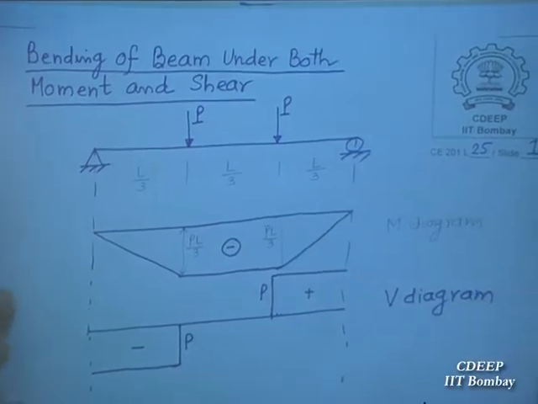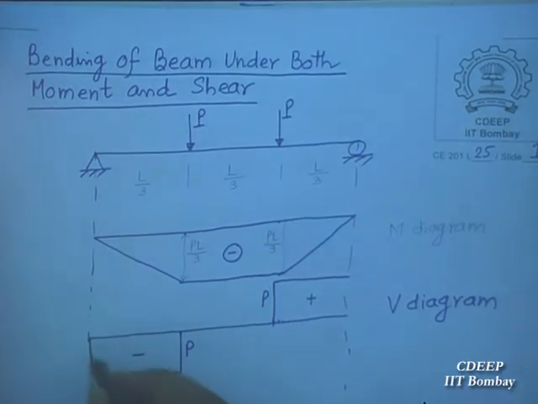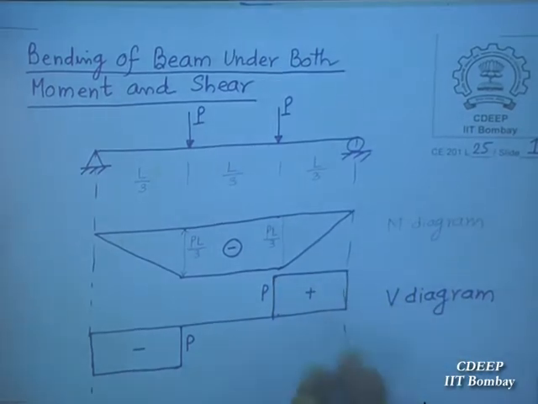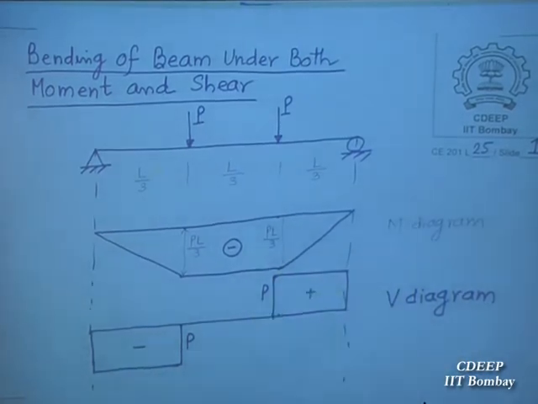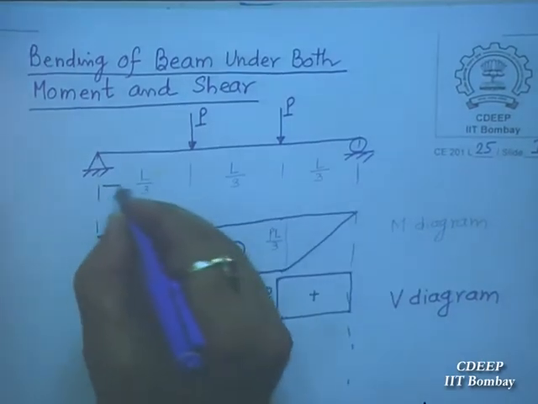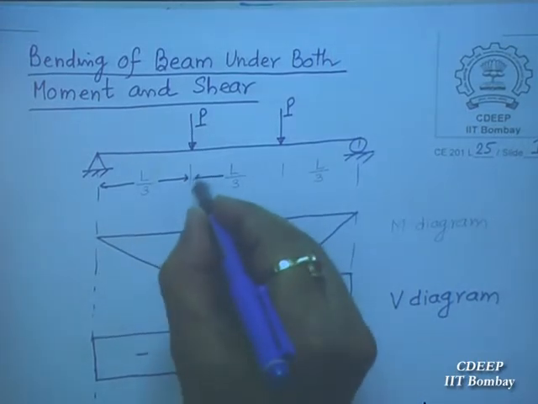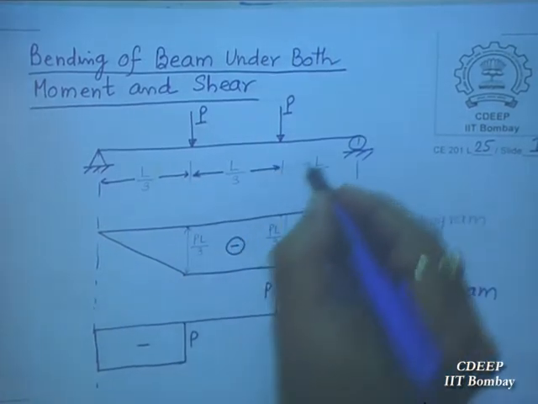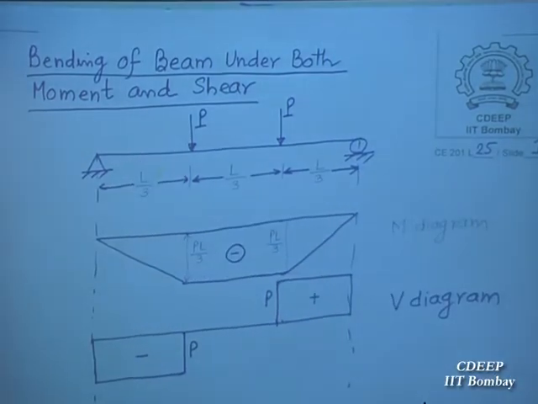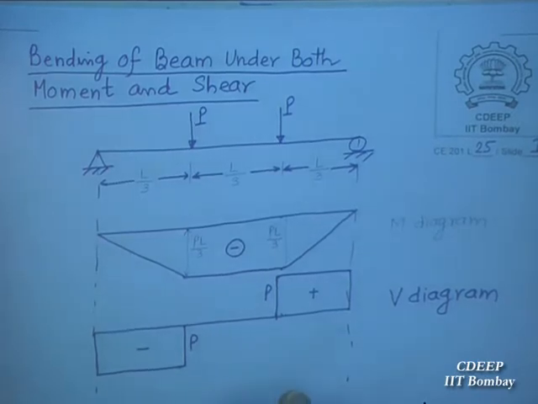There is no axial force in this beam. So this is your shear force diagram. This may not be exactly equal, but it is L by 3, L by 3, L by 3, all the three. Is the diagram okay, or is there anything wrong?